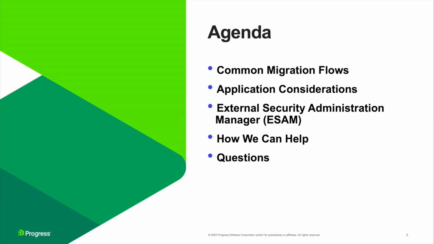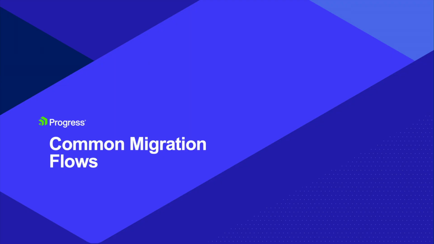We also want to talk a little bit about a new feature in the OpenEdge platform called the External Security Administration Manager. And then finally, how can we help you execute an upgrade? So I'm going to turn things over to my partner, Chris Skeldon, and he's going to talk a little bit about common migration flows.